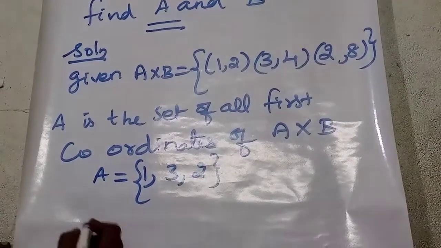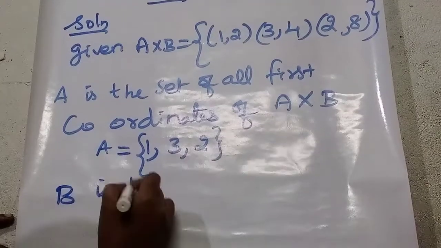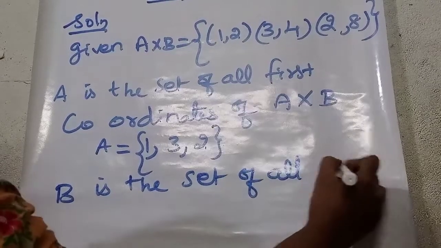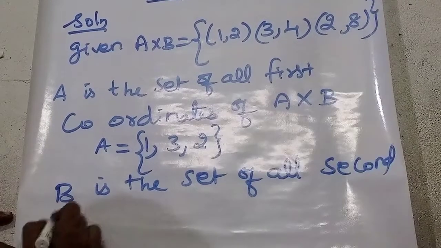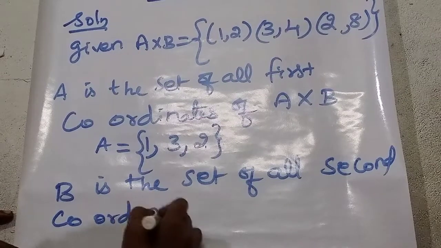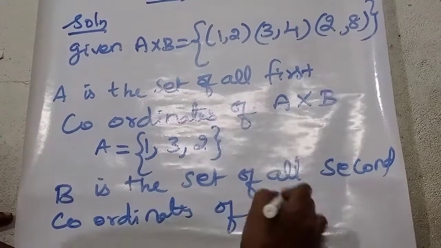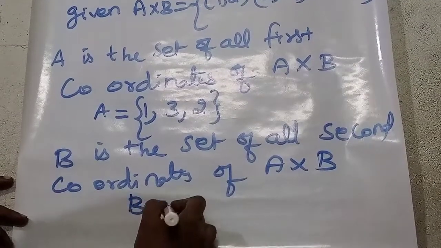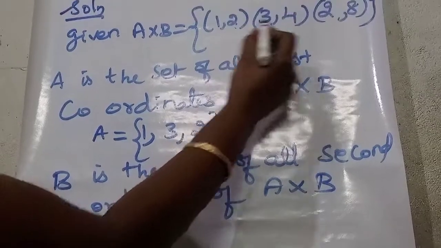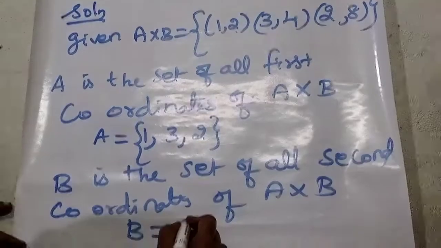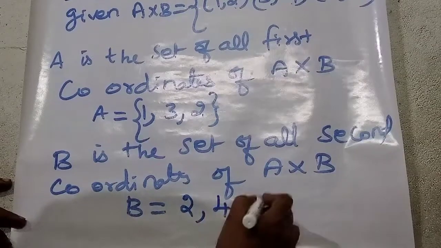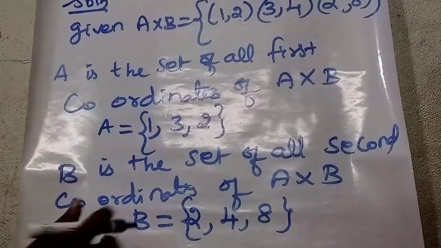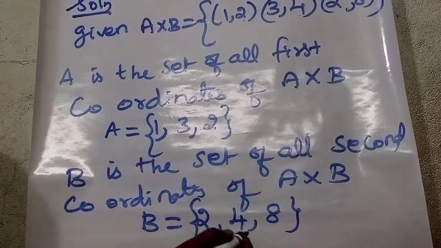B is the set of all second coordinates of A cross B. Therefore, what is B? B is equal to the second coordinates. What are the second coordinates? 2, 4, 8. So B is equal to {2, 4, 8}.